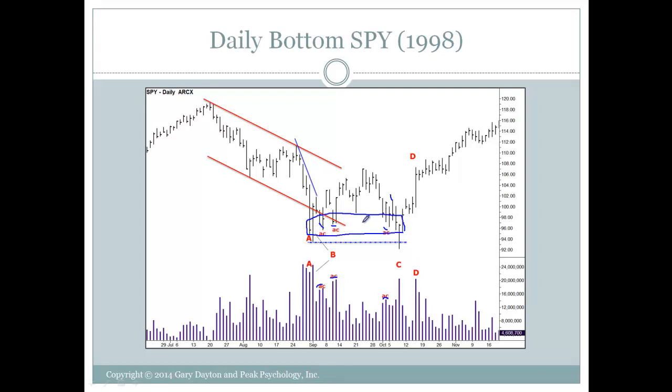This is classic accumulation where we keep dipping down into the initial buy spot here and here and here and here, and then flush it out the bottom for any premature longs, get rid of them before the market starts to drive up. But this is classic accumulation in here.